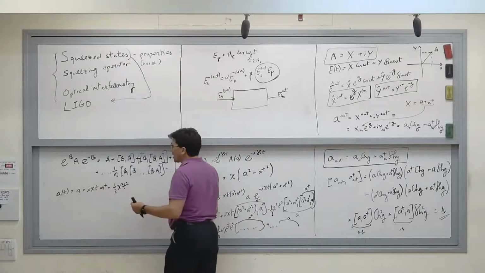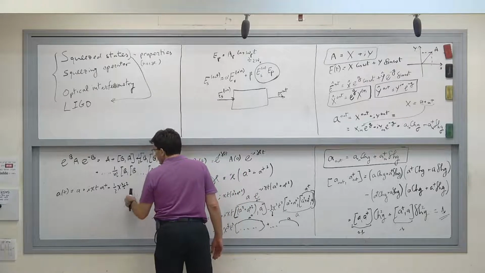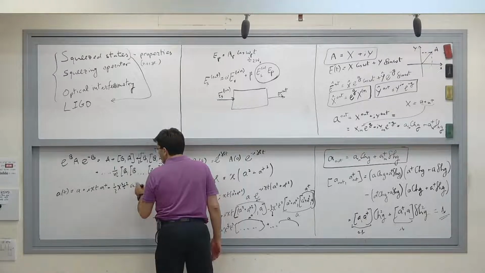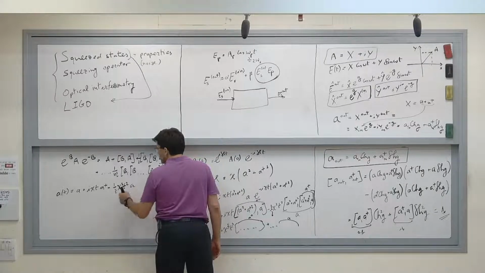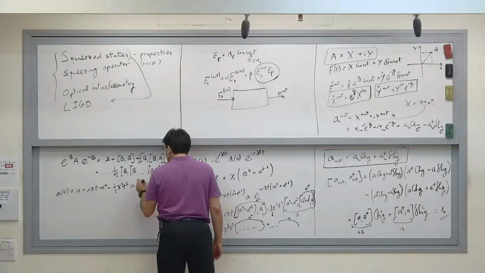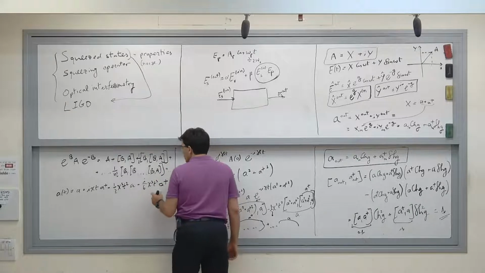Yeah, so what we'll end up with is minus half this times A, and then plus minus. You're saying that this one should have been a minus, maybe? No, I think that's okay. Minus I chi cubed t cubed times A dagger, and so on.